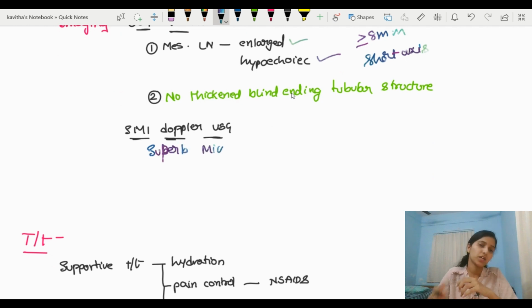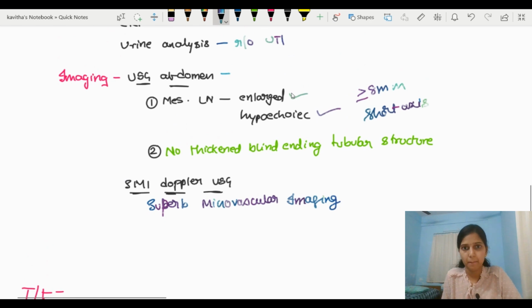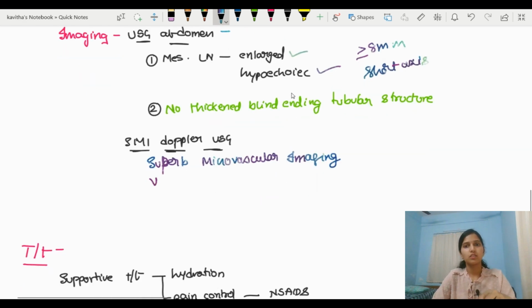There is another advanced technology in imaging of mesenteric adenitis, that is SMI Doppler ultrasound, that is super microvascular imaging Doppler ultrasound. Normally, the parameter in ultrasound is the size of the lymph node. Based on the size of the lymph node, it gives the diagnosis.